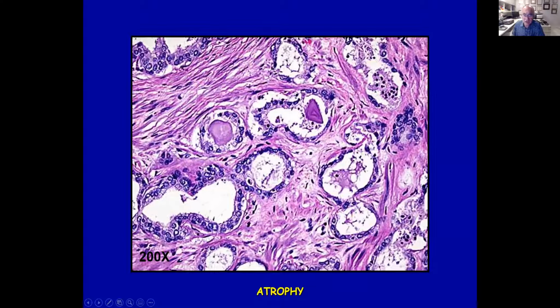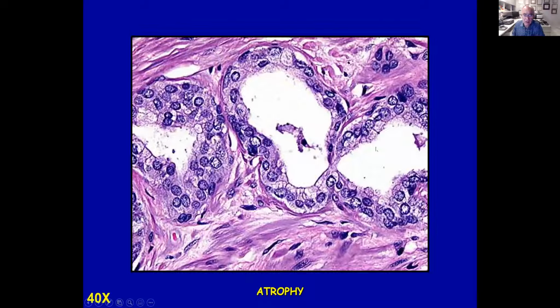These are just different examples of atrophy, some of them with corpora amylacea. And the important thing is that sometimes the basal cells can become larger with nucleoli, also creating some problems in the identification.